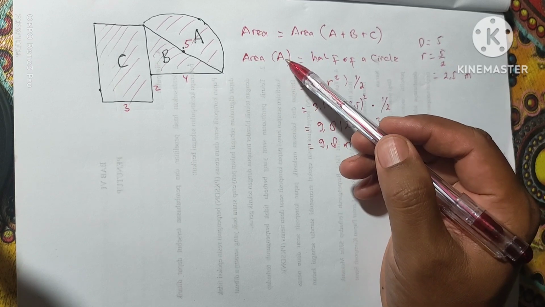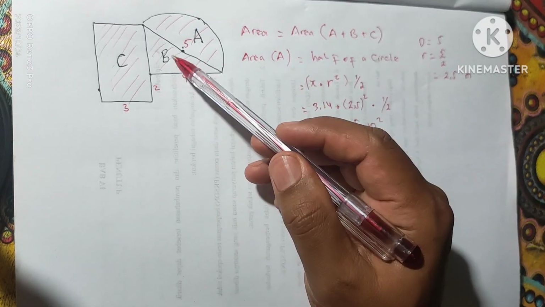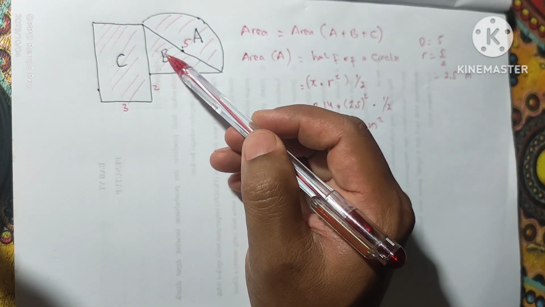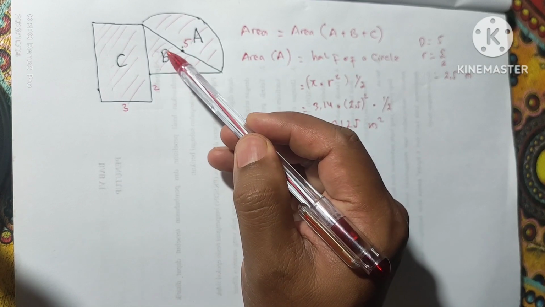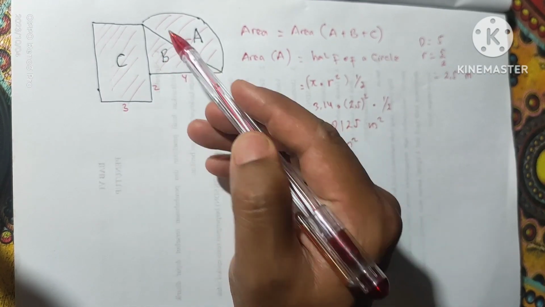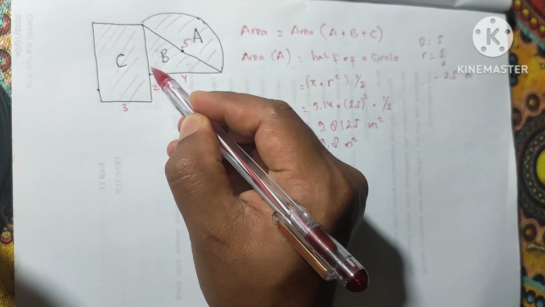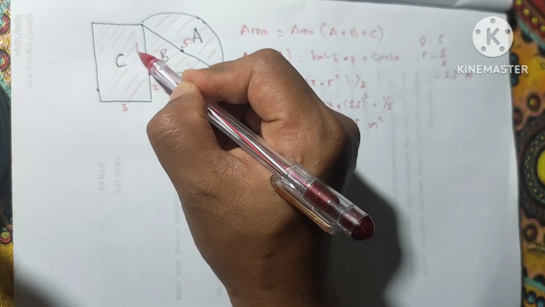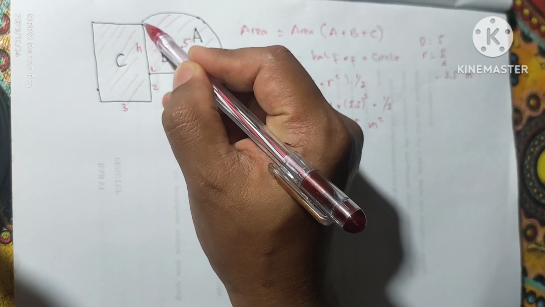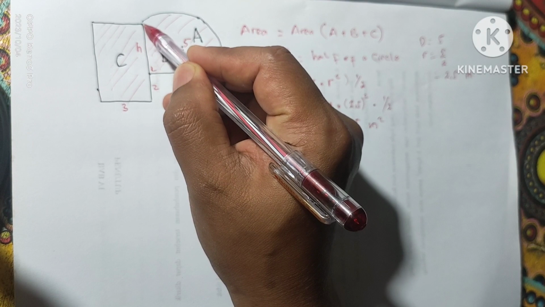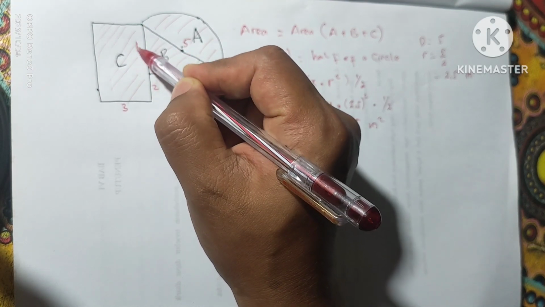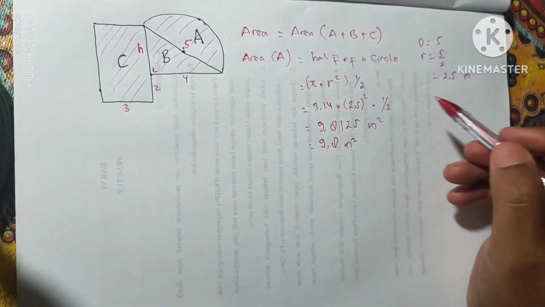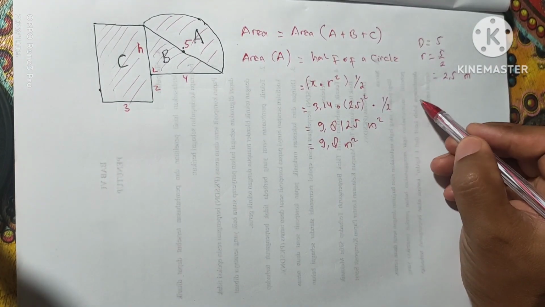And next we will go to part B. From this picture, we know the area of B is a right triangle with the height of h. Let's say we put here the height h.